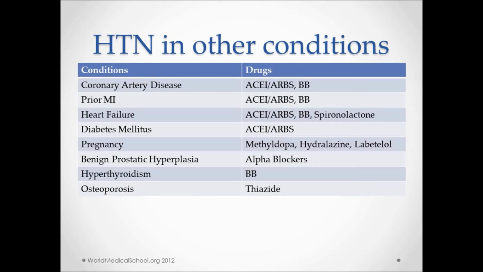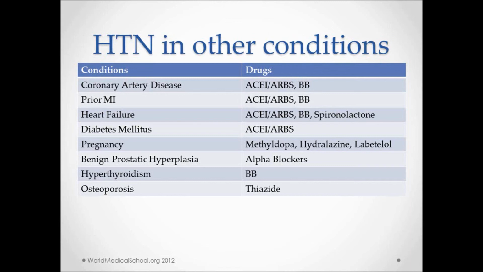For both coronary artery disease and myocardial infarction, ACE inhibitors, ARBs, and beta blockers have been shown to decrease mortality. For heart failure, ACE inhibitors, ARBs, beta blockers, and spironolactone have been shown to decrease mortality. ACE inhibitors and ARBs have been shown to slow the progression of diabetic kidney disease.